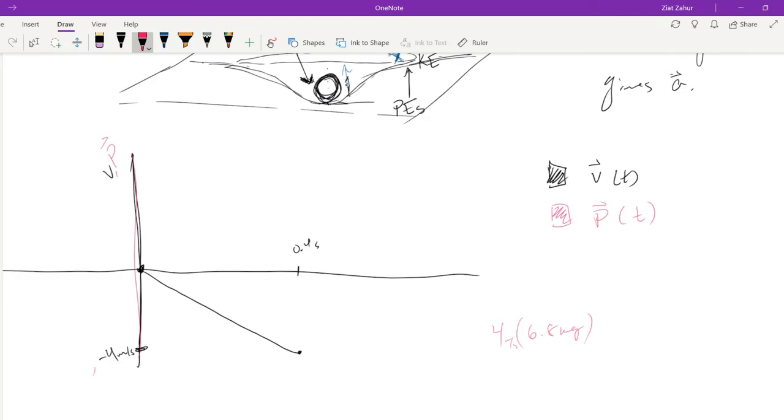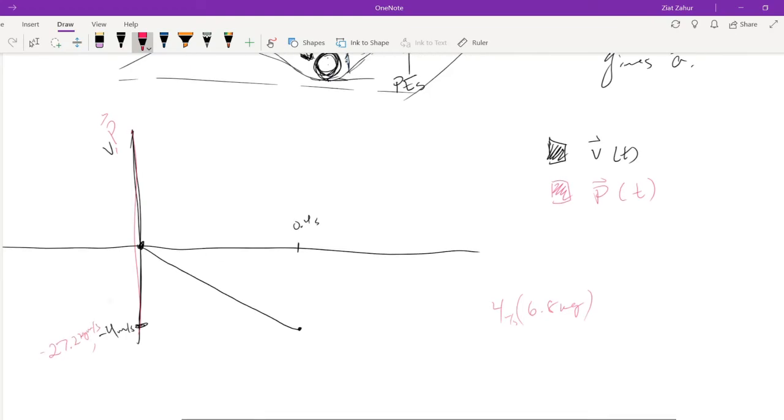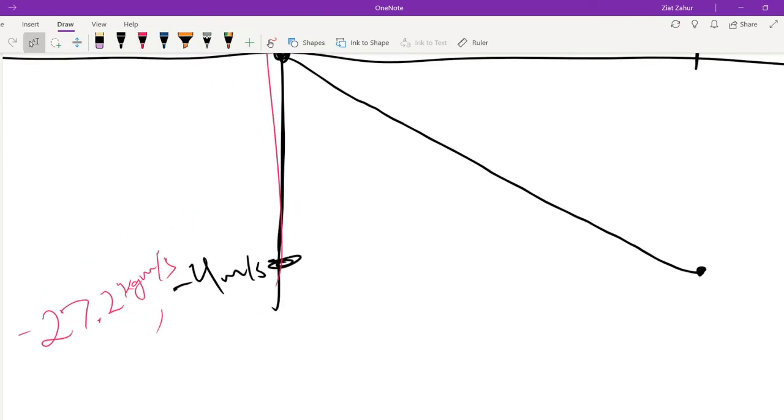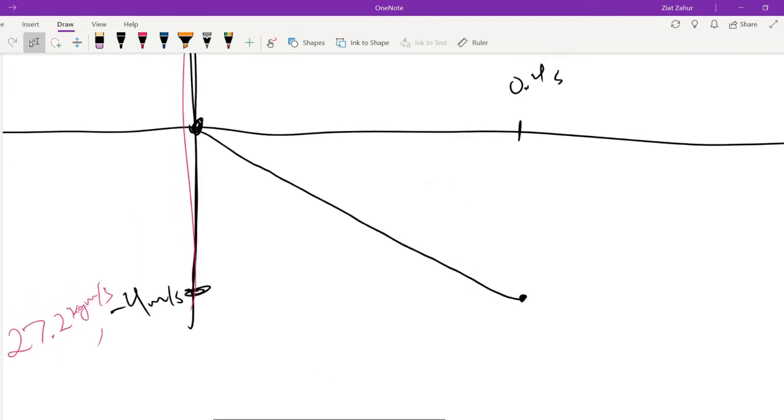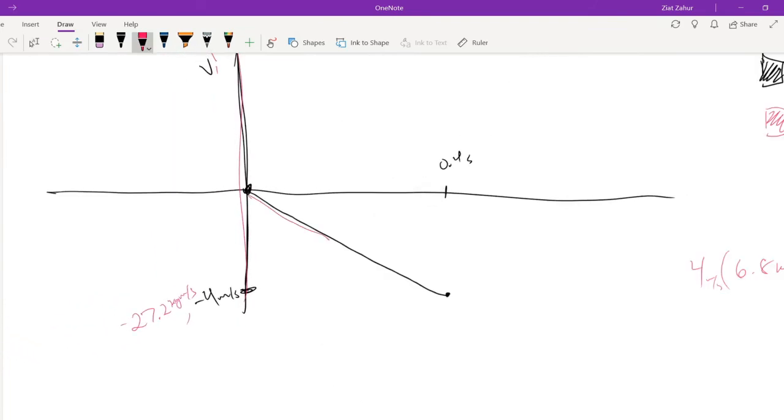Oh, too late. 27.2. So this would correlate with -27.2 kilogram meters per second worth of momentum. So the graph would look the same. It just has a different axis, a different scale factor.